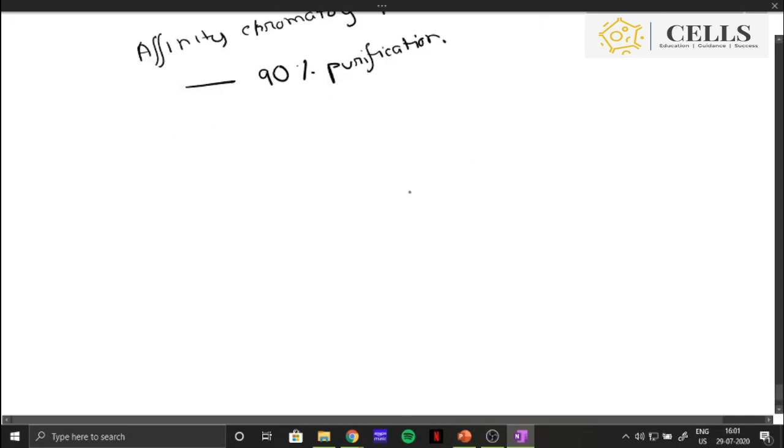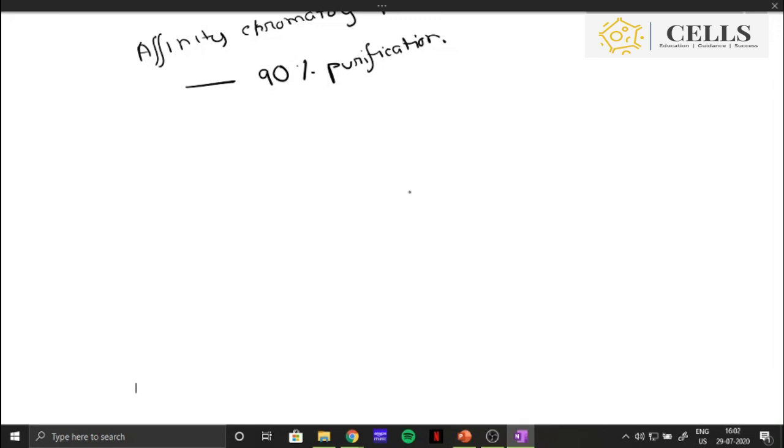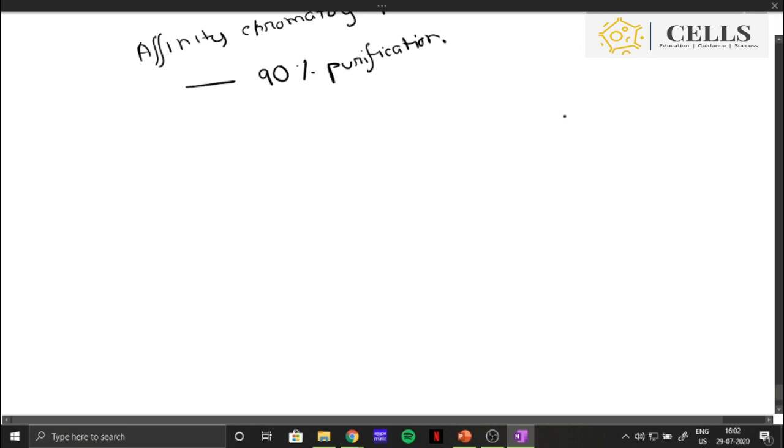And why is it required for the separation of the protein using affinity columns? Okay, so this is an affinity column.